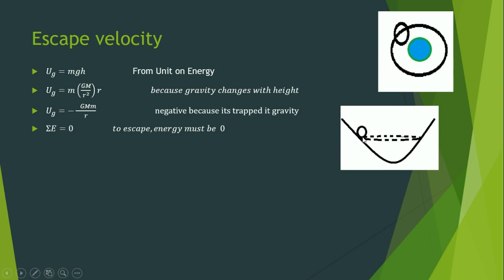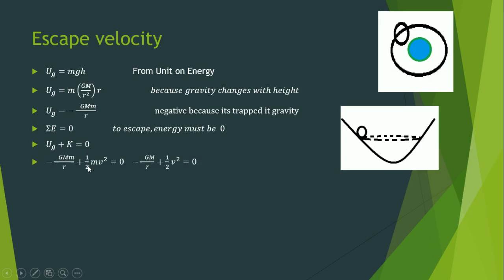So if we want this planet to get out of this bowl here, we want it to be at the top here where the energy is 0, and then it'll fall out or it'll just float away. To get the energy to 0, remember we have potential and kinetic energy, and we do not have springs in space. So this is our formula here: the gravitational potential energy plus the kinetic energy equals 0.